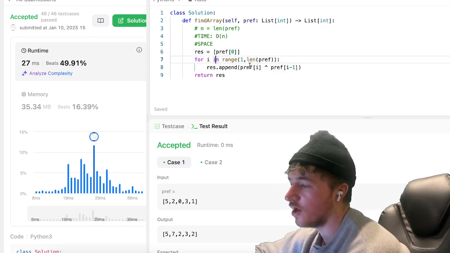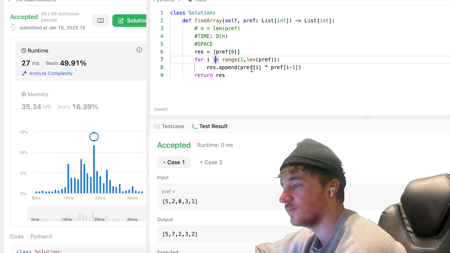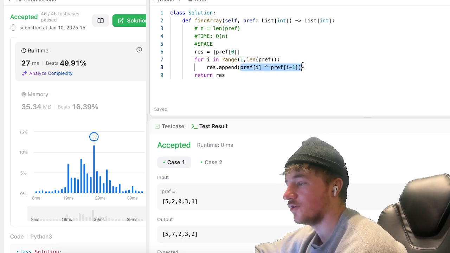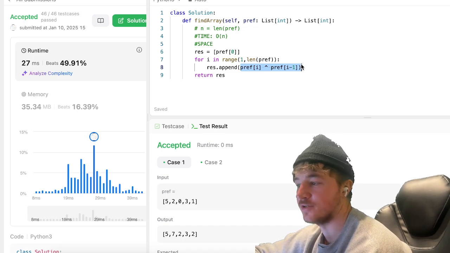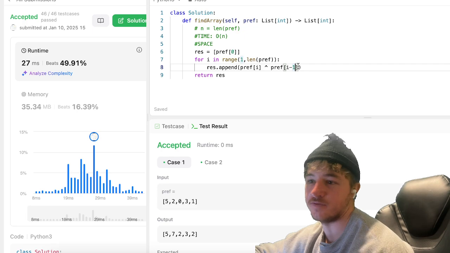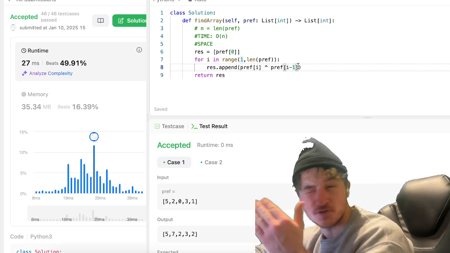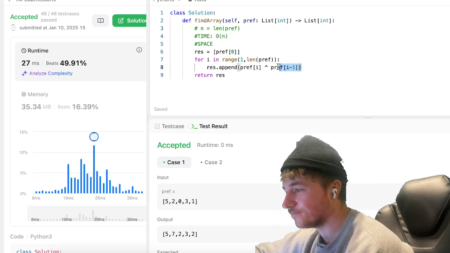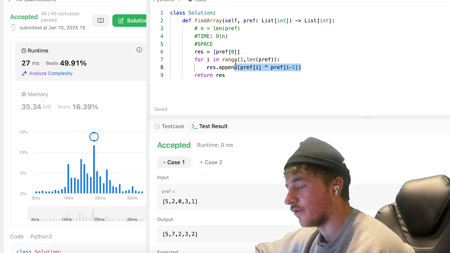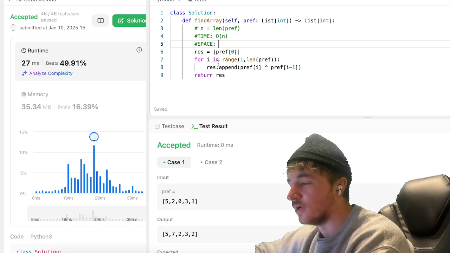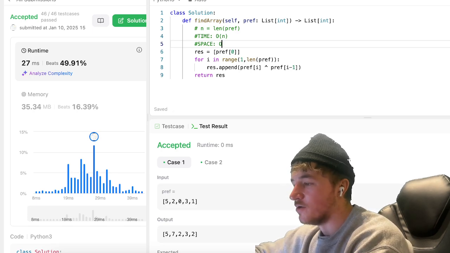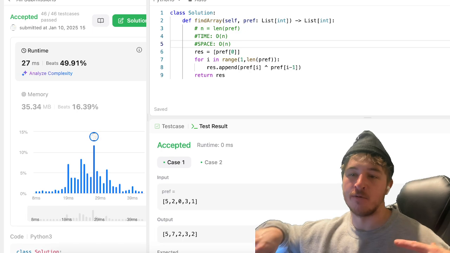I guess this is like log of the largest number, but there's at most 32 bits in any number provided. So this is always 32 operations, right? Because you have to do bitwise operations. You have to look at each individual bit. So 32 operations, 32n is still n. For space, well, it's O of n technically because we have to create the array that we're returning.